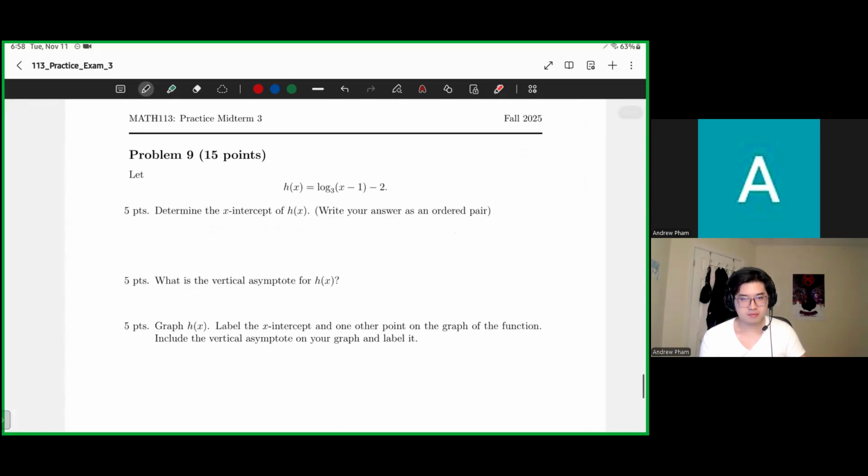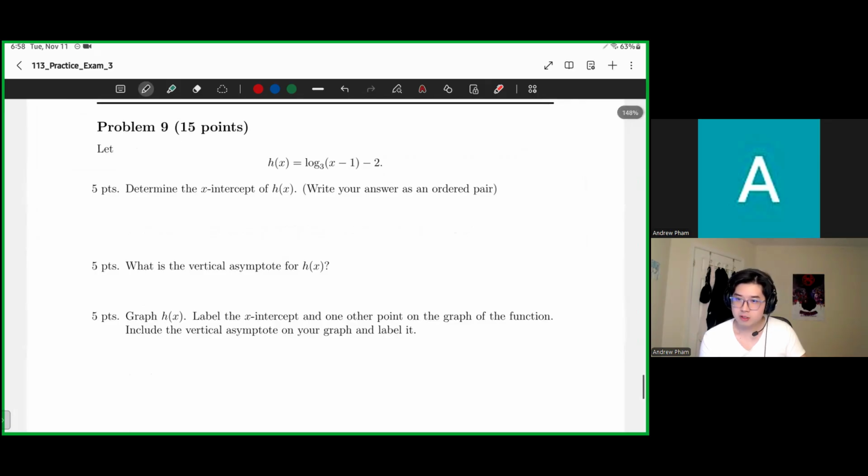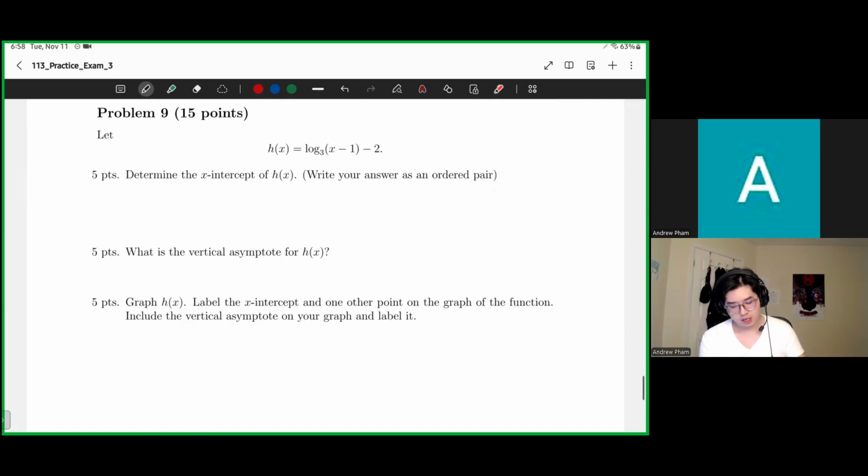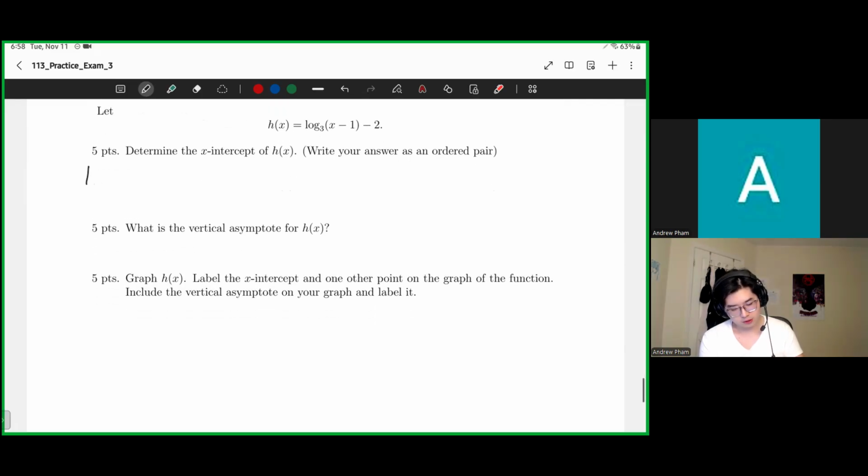And then the last problem, we're just going to be asking a few questions about a logarithmic function and then graph it. So I have a function h. I want to determine where the x-intercept of h is. So you set h equal to 0. Log base 3 of x minus 1, minus 2 is equal to 0, or log base 3 of x minus 1 is equal to 2.